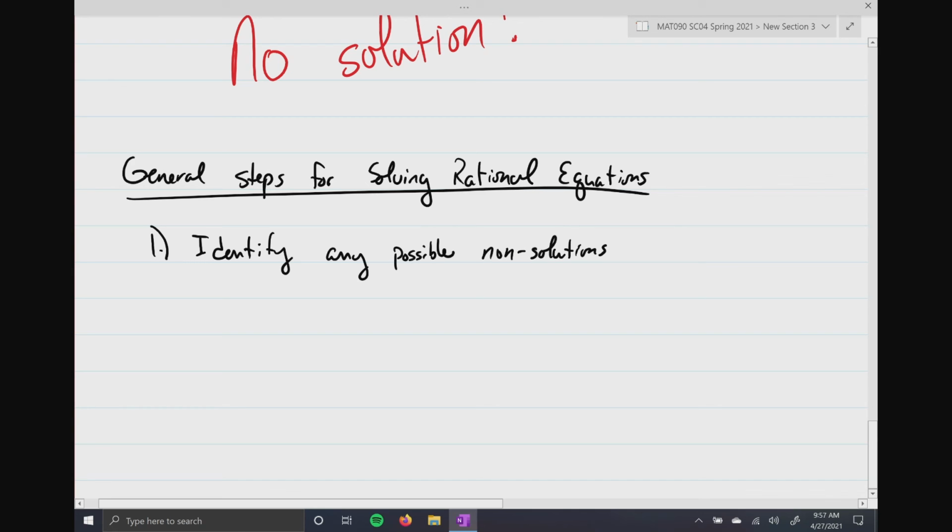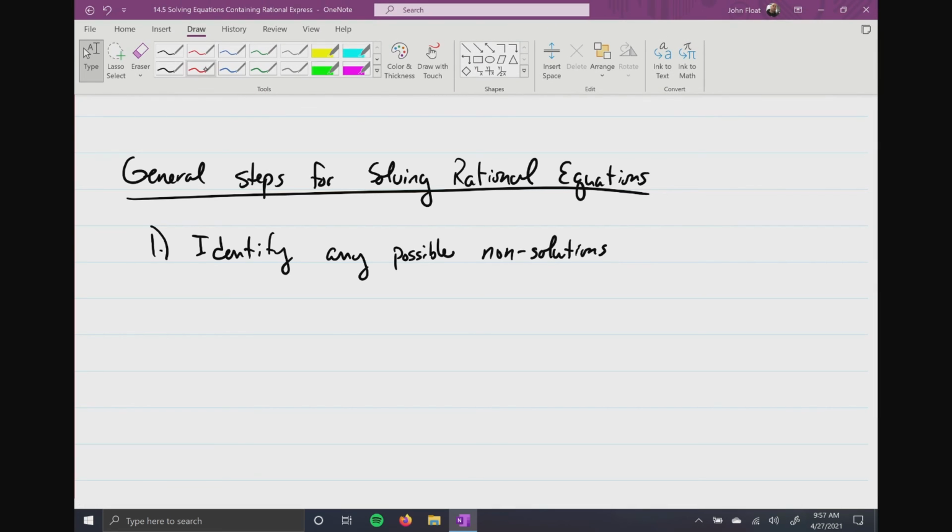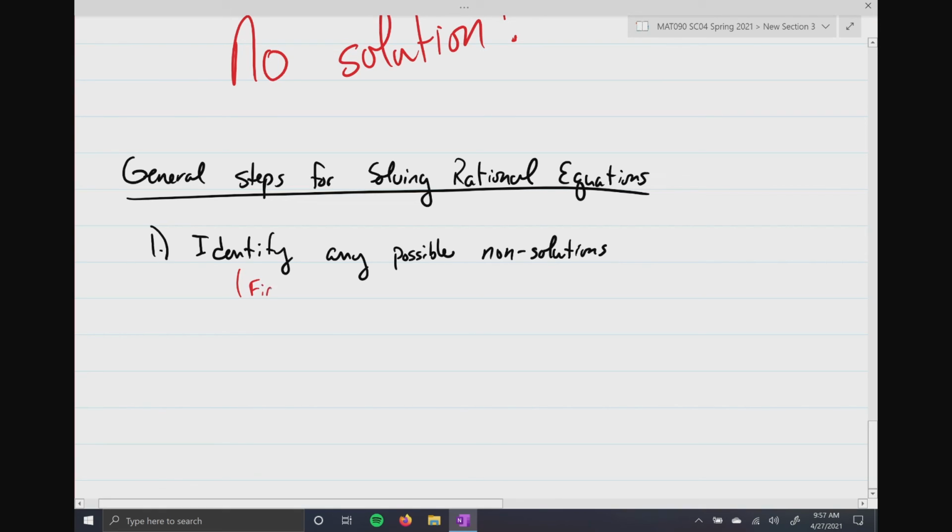All right? And you already did that. You know what that's really called? Find a domain. Remember us finding domains? Take the denominator, set it equal to not 0, and then tell me what numbers you're not allowed to have. It's exactly what you're doing here.